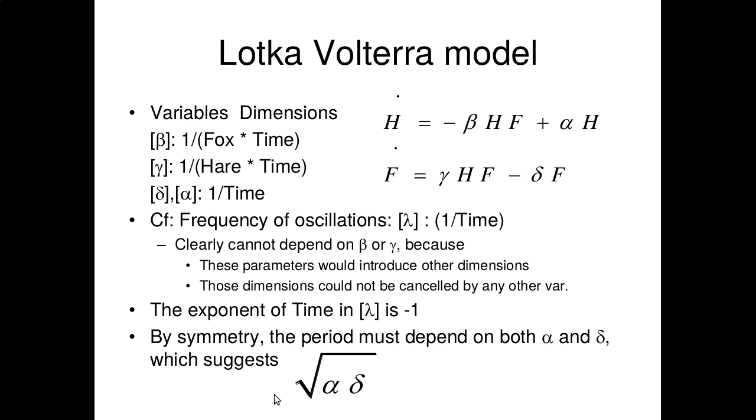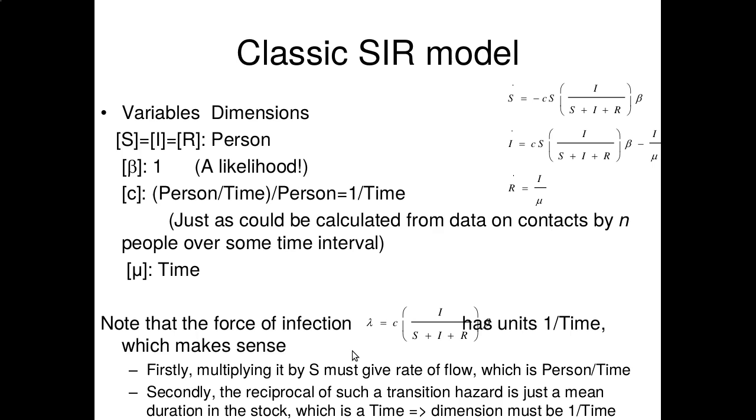If we have alpha and delta, they're both of units 1 over time. So multiplying them will be 1 over time squared, and taking the square root will yield something of 1 over time, which is what we need for the frequency of oscillation. And this is indeed exactly the case.